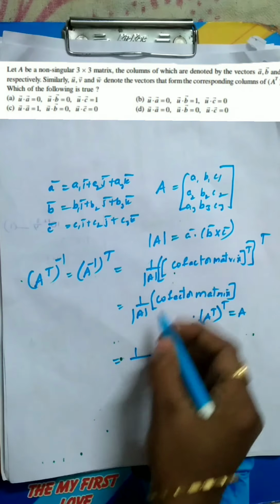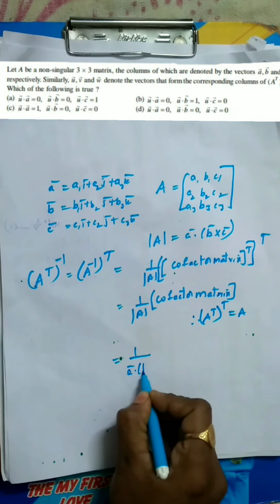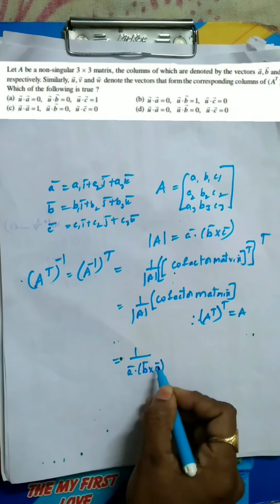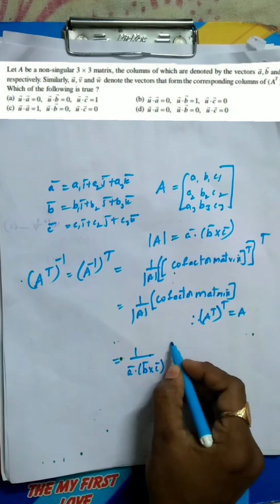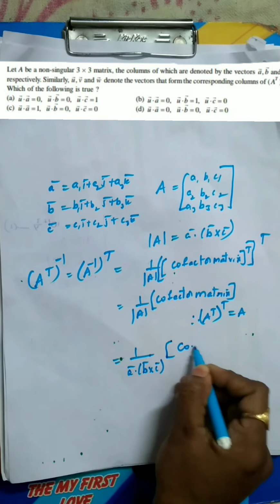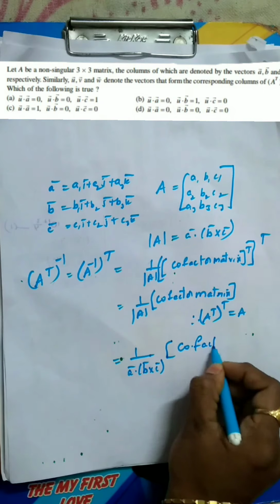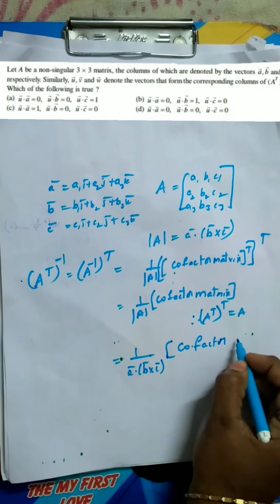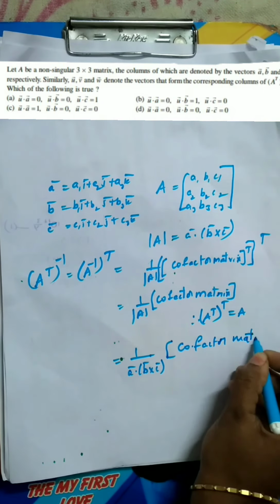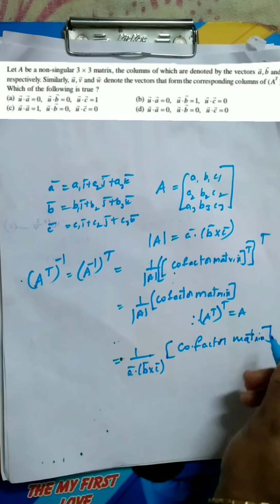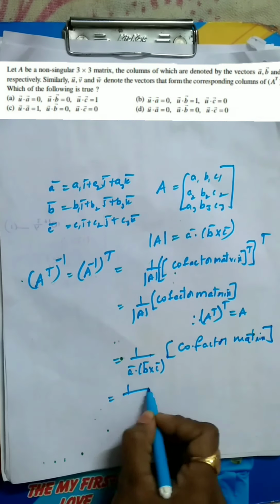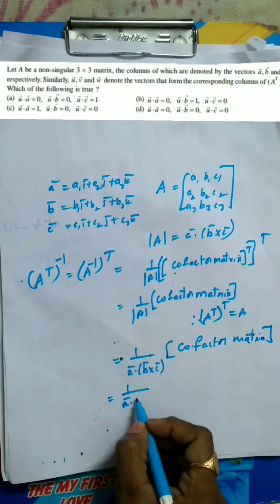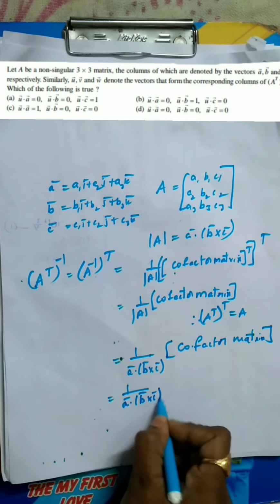Determinant of A means it's a bar dot b bar cross c bar, into the cofactor matrix, which is 1 by a bar dot b bar cross c bar.